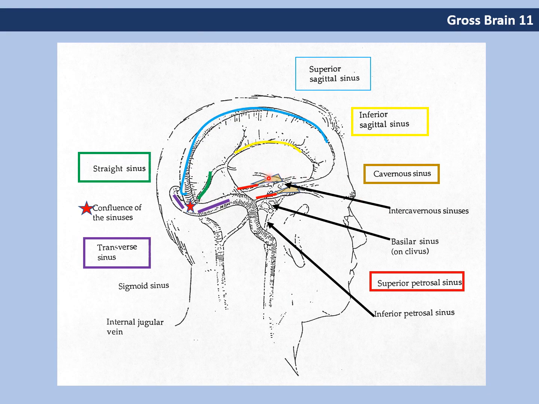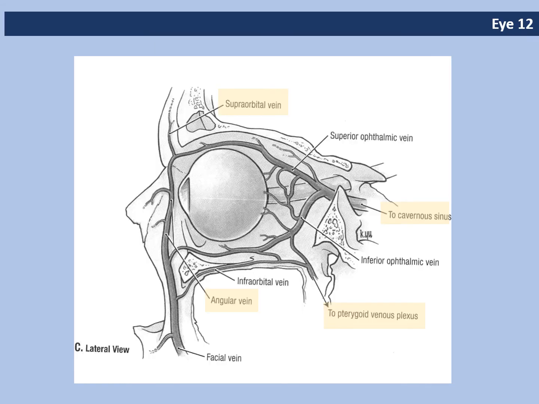Here again is a reminder of where those cavernous sinuses are located, shown in brown, just for you to refer back to so that you can understand what I'm talking about when we say the cavernous sinuses. There are extensive connections, and when we talked about venous drainage of the bony orbit, remember that the cavernous sinuses are connected to that.